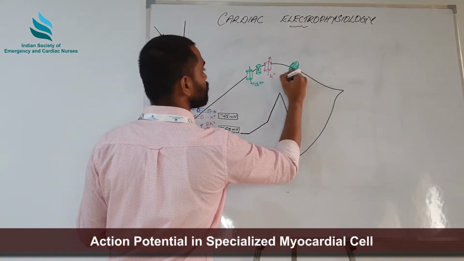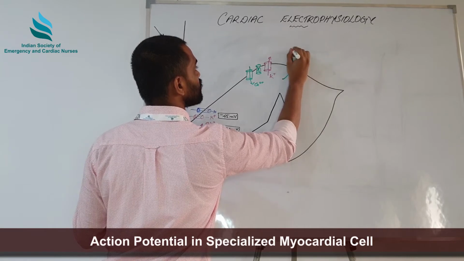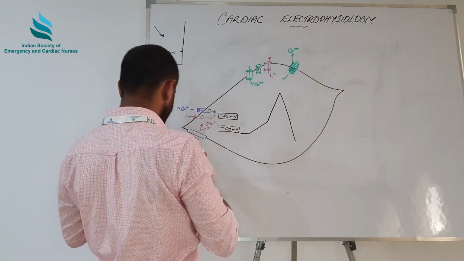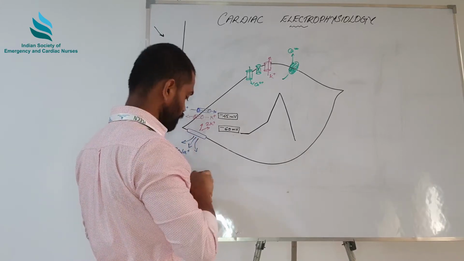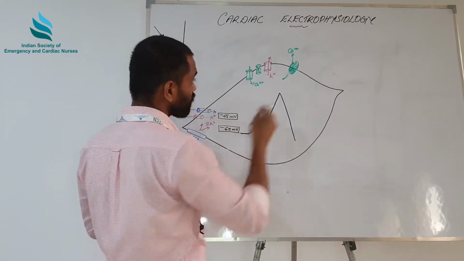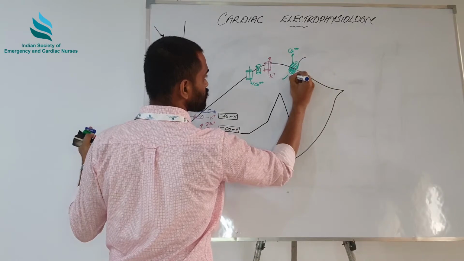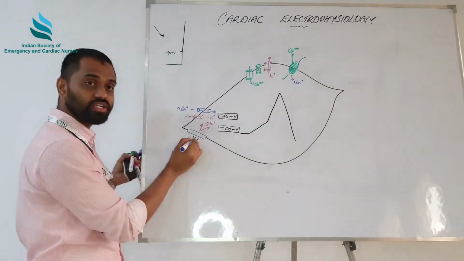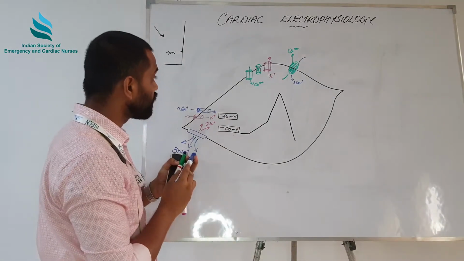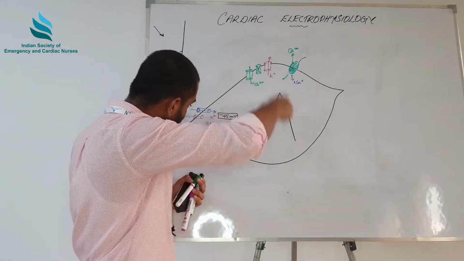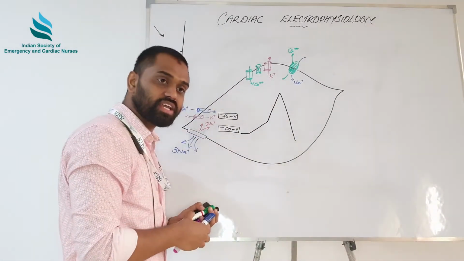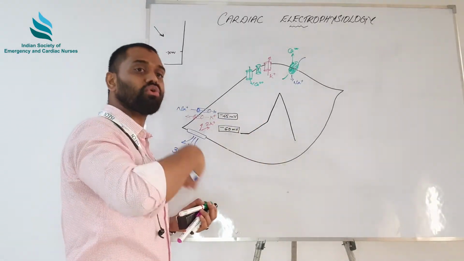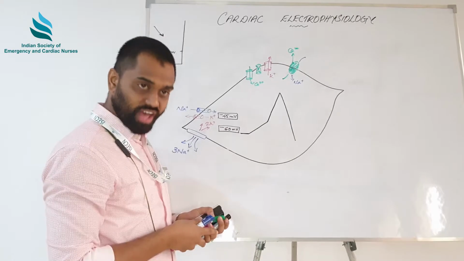So the calcium will go out through the calcium sodium exchangers in exchange for sodium. Sodium will come into the cell, and this sodium will be taken out through the sodium potassium ATPase pump, so that all the electrolyte changes that have taken place will be reversed, and the cell is now set for another cycle of action potential.